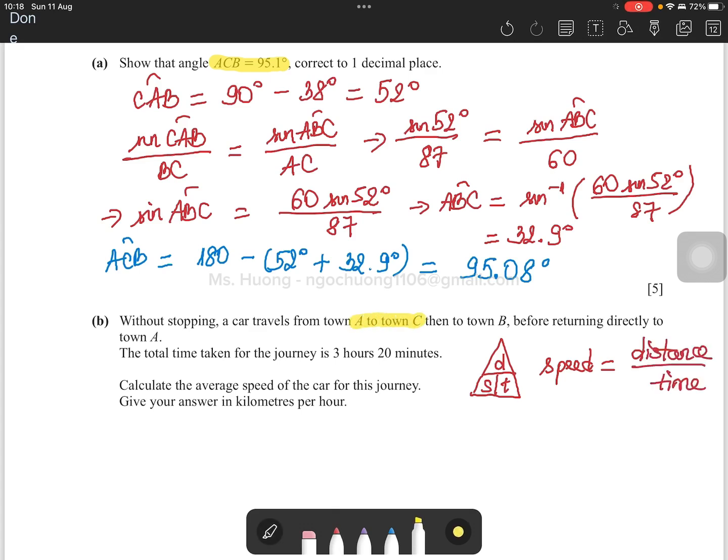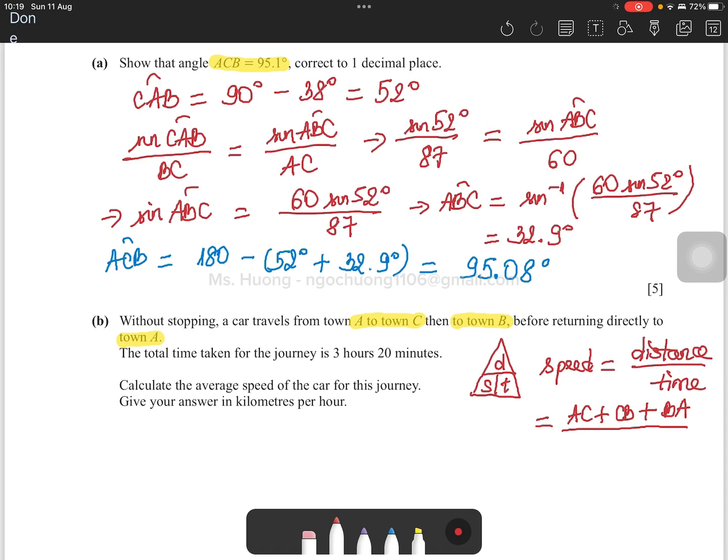And then we travel from C to B. And then we return to town A. So we see that the total distance is actually AC plus CB plus BA. Or we can say it is the perimeter of the triangle ABC.